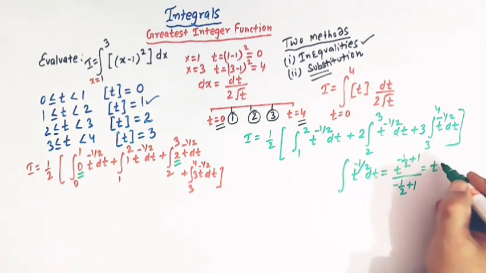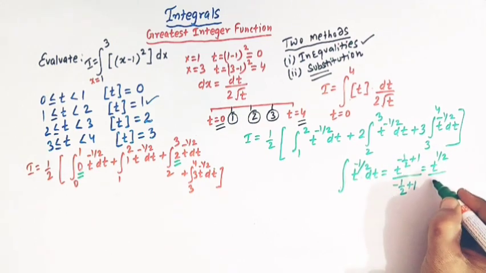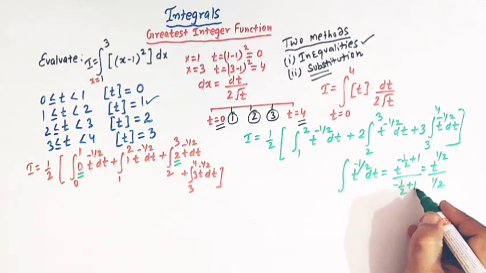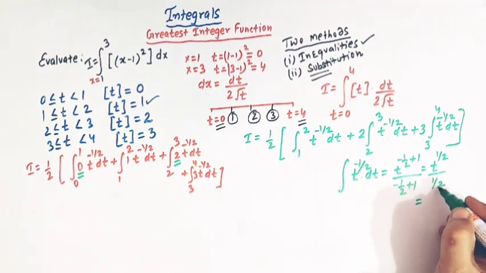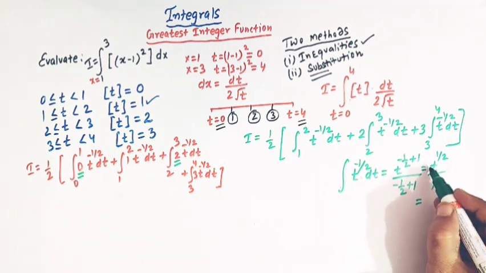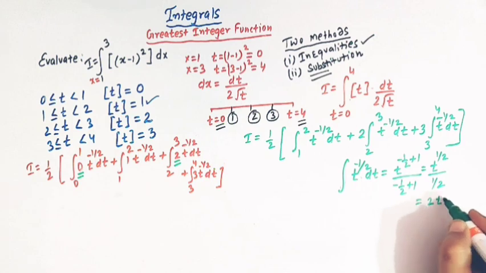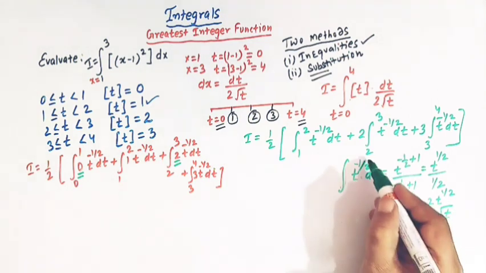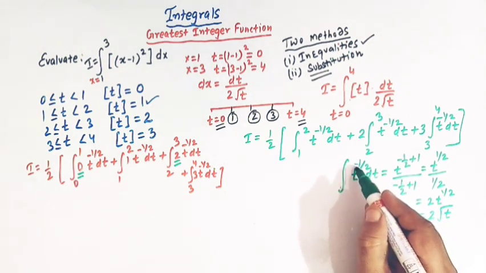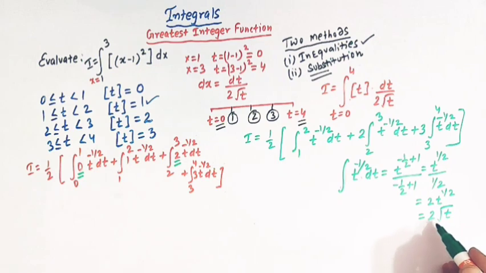So this is t raised to half divided by half, since minus half plus 1 is half. So this 2 can be taken to the numerator, so we have 2t raised to half. So this is 2 times square root of t. So the integral of t raised to minus half dt is equal to 2 times square root of t.